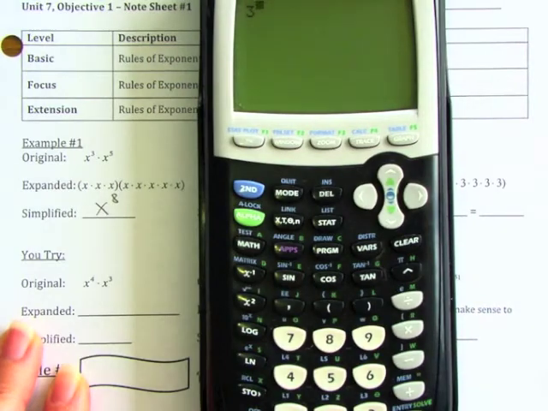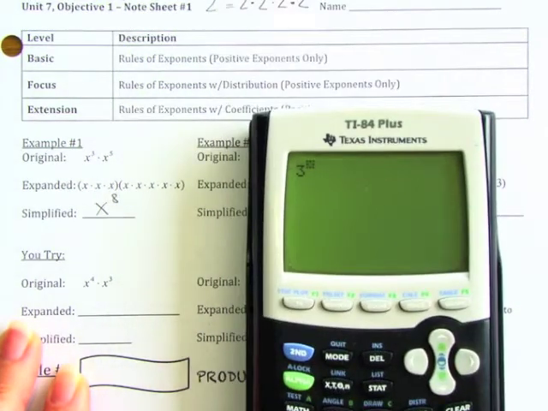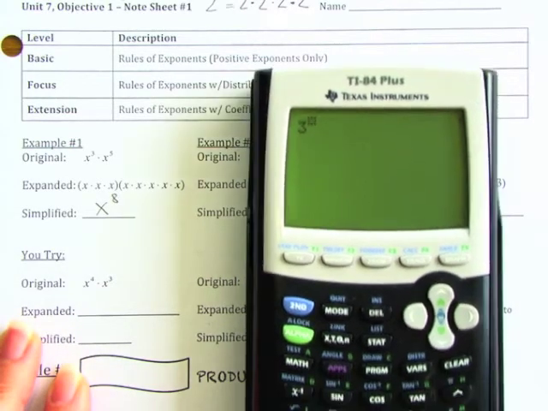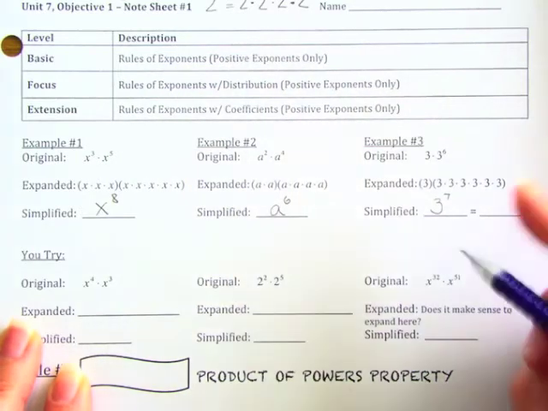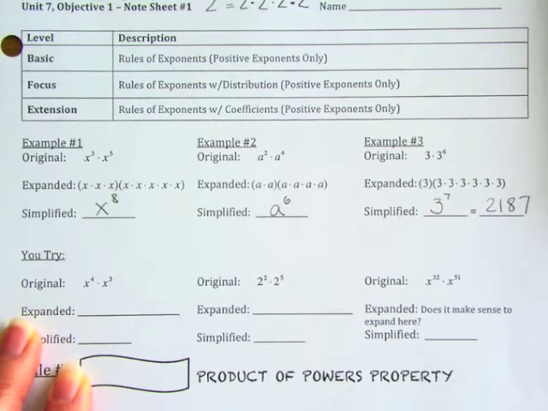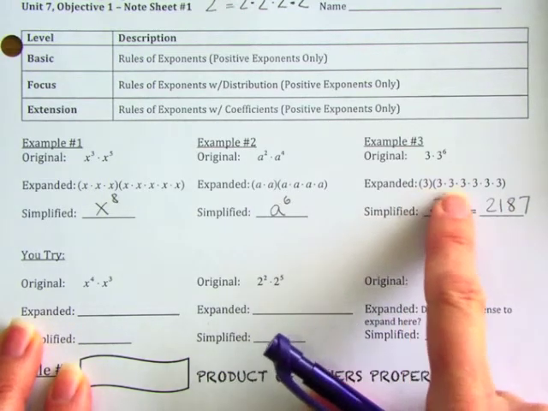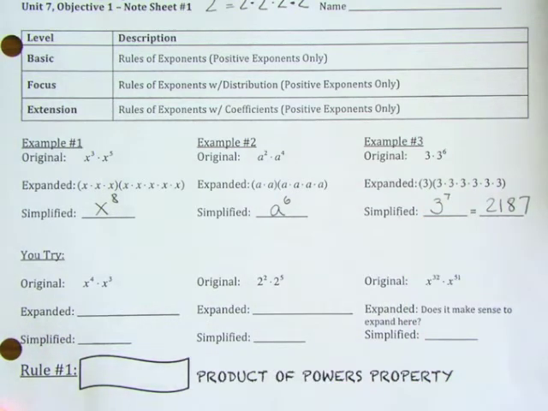I want to type in a 3, and then use this caret key, and it gives you an exponent. It actually shows you that you're entering an exponent, and we want to type in our exponent of 7. So we type in our 7, we hit enter, and we get 2,187 as the actual value for that exponent. Now be careful. Notice that base of 3 did not change. It is a bunch of 3's multiplied together, so we want to get our value as 3 to a power.